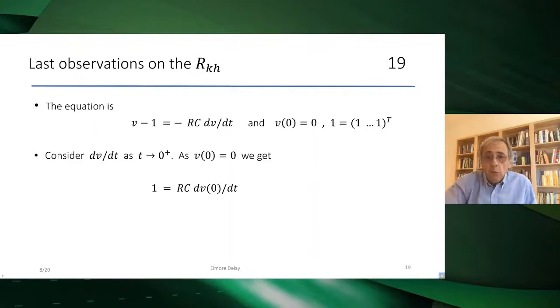So far, we have the equation, first order. We have a nice R matrix C. We have an initial condition, the vector 1 for the initial voltage. The current source gives you 1 there. Now let's look at, if we take this limit as t goes to 0 from the right, you get that the initial voltages will be RC times the derivative at 0.